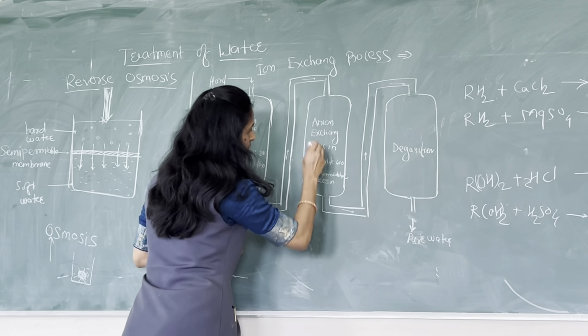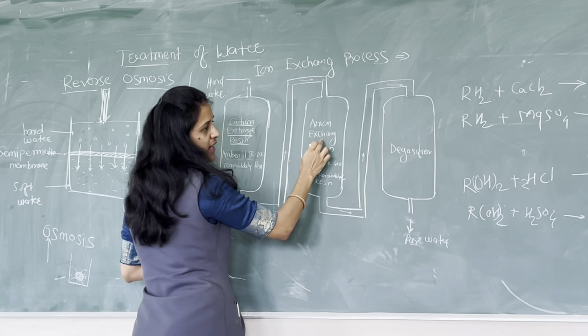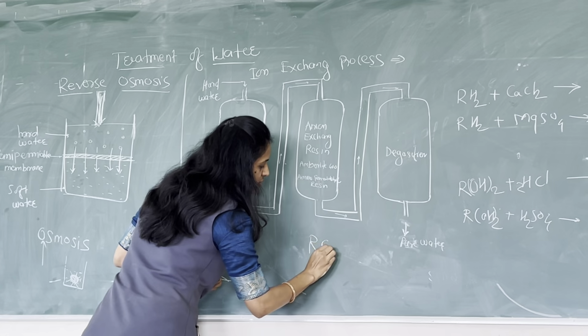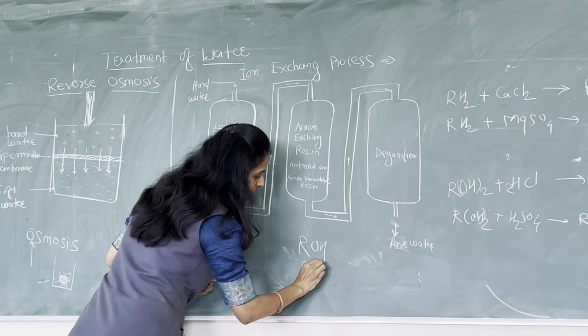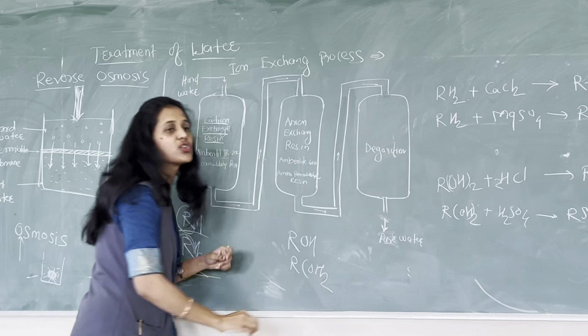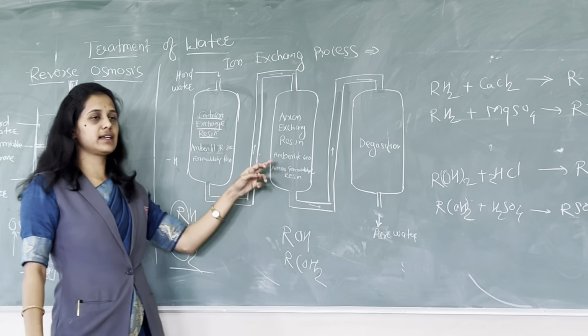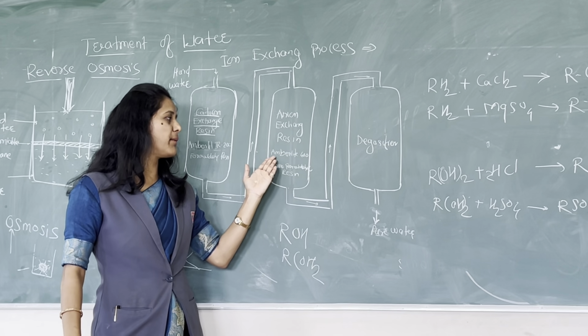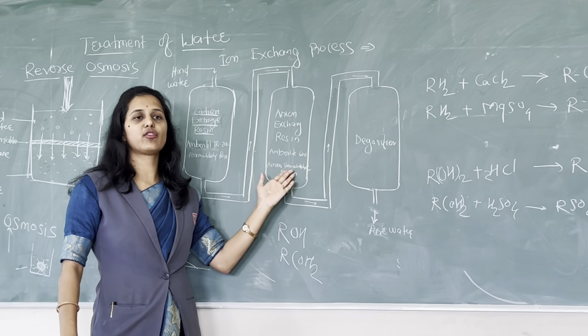The next cylinder is filled with the anion exchanger resin. It is denoted by ROH or ROH2. For example, we can consider Amberlite 400 aminoformaldehyde resin.